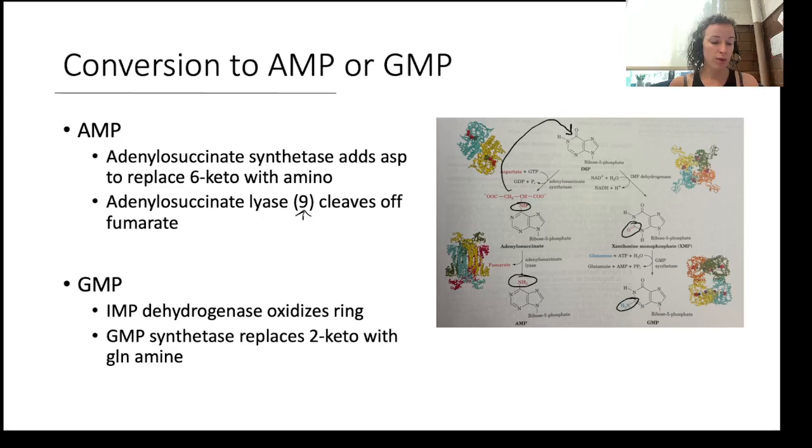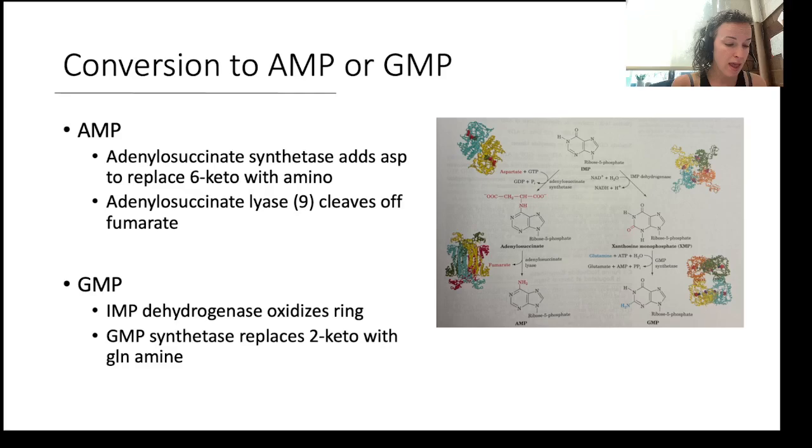I'll also point out that the AMP and GMP themselves, let me erase this slide just to make this more clear, require the use of GTP and ATP.